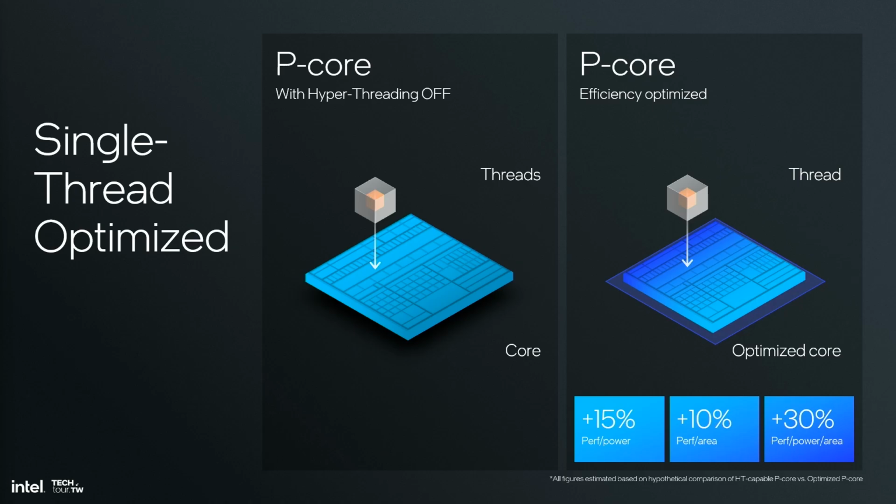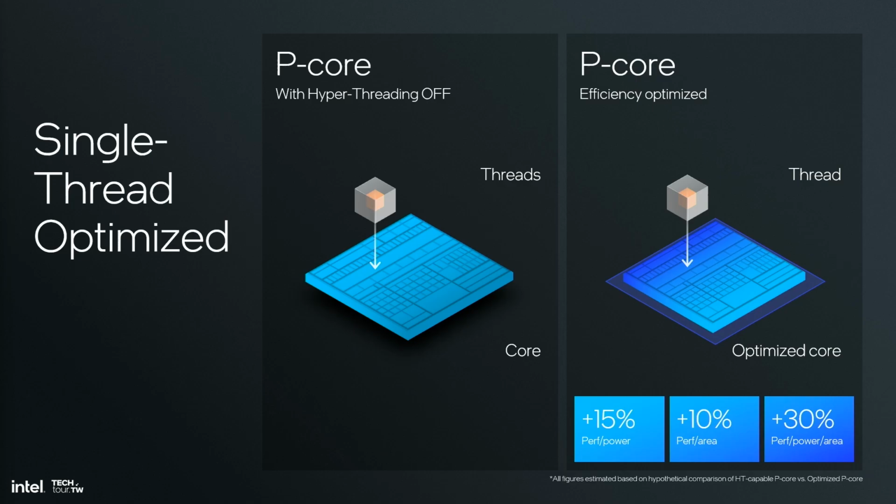Well, here's the answer. Removing hyperthreading-specific logic and scaling back various core structures to optimize for single-threaded use, while maintaining the underlying pipeline and microarchitecture, we get comparable single-thread IPC for 15% lower Cdyn and 10% smaller area. This translates to 15% better PnP, or performance per power, and 30% better performance per power per area, versus a single thread running on a hyperthreading-capable core.